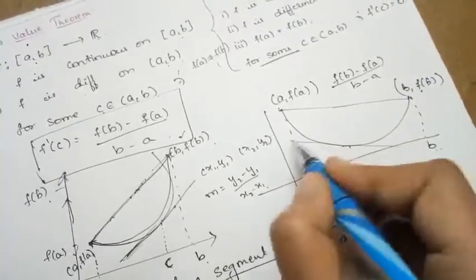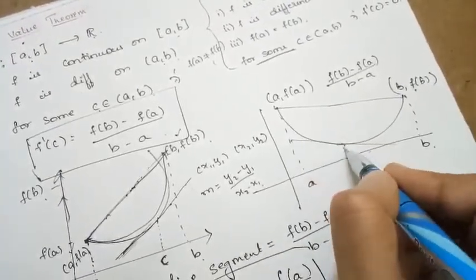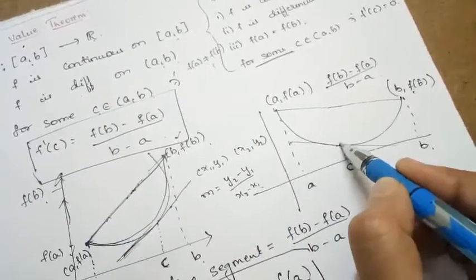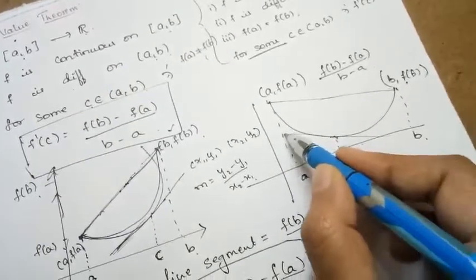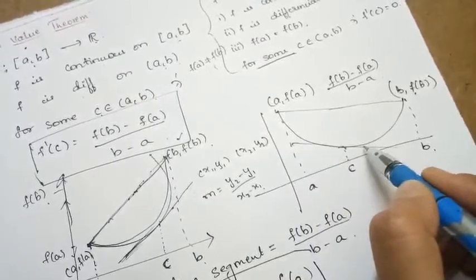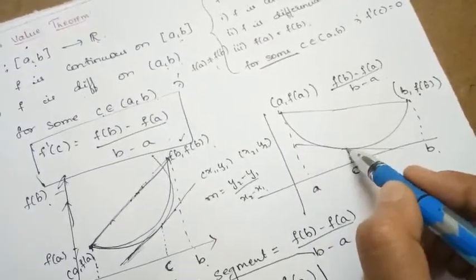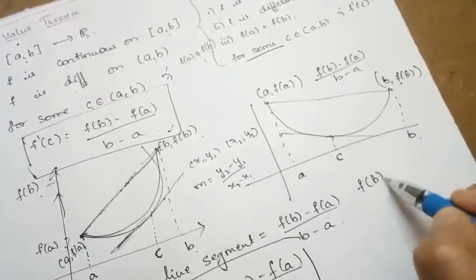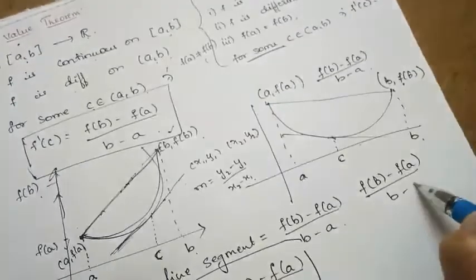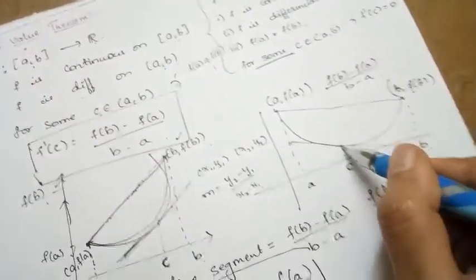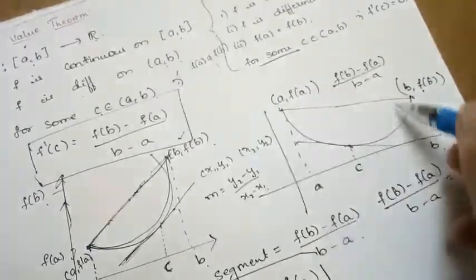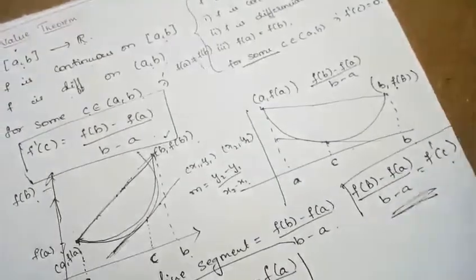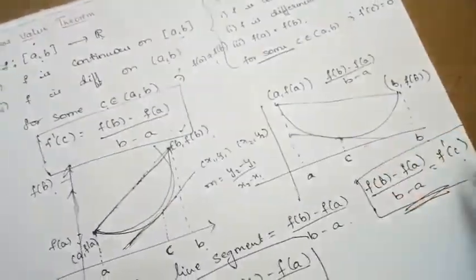So this line is the tangent to this curve at the point, say C, which belongs to the interval (a, b). This being a tangent to the curve at C, the slope of this line is nothing but the derivative of this curve at the point C. So what is the slope of this line at the point C? That is f of b minus f of a divided by b minus a. This slope is nothing but the derivative of the curve at the point C, that is f dash of C. So here f dash of C is obtained in this pattern.